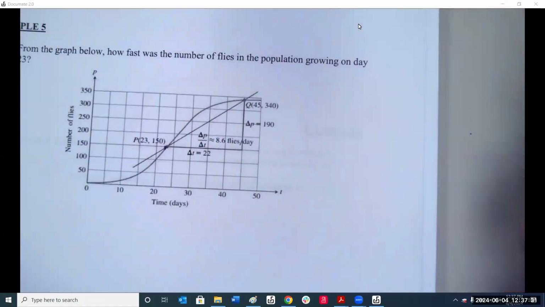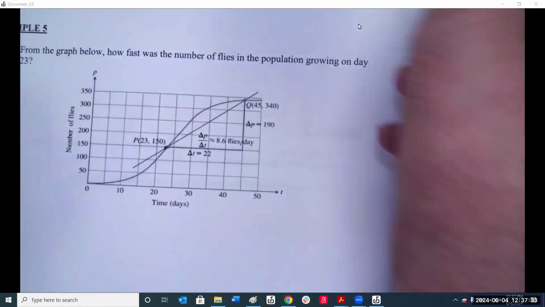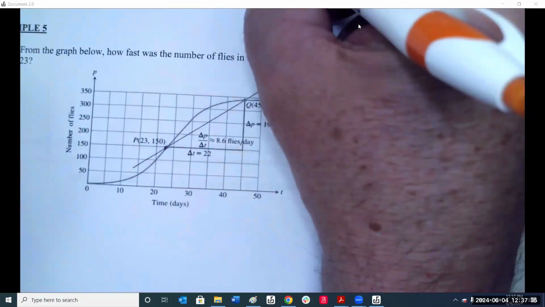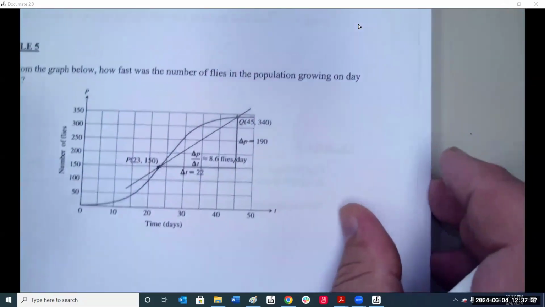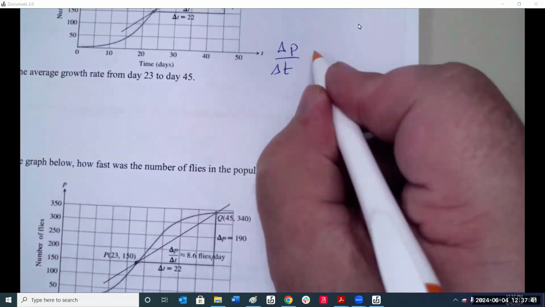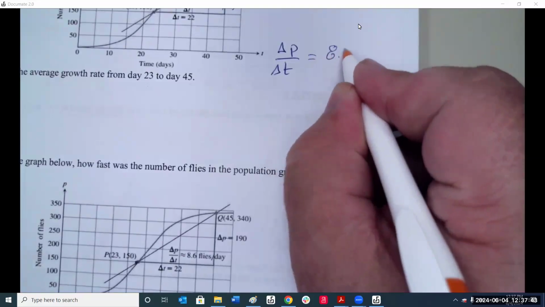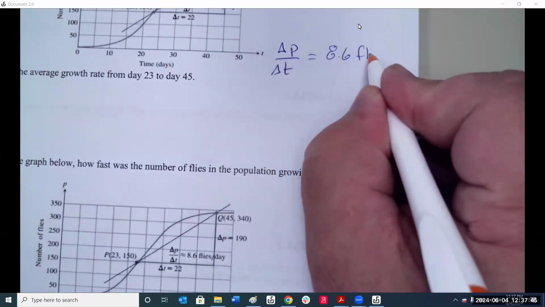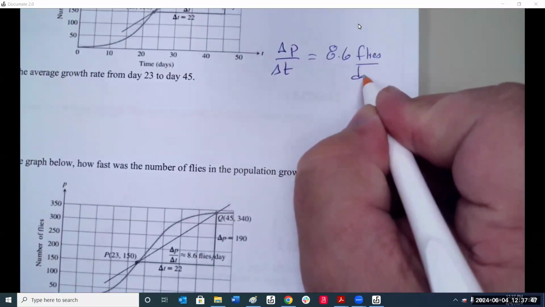Example 4 is the delta P over delta T. That's what we just did, the 8.6 flies per day.